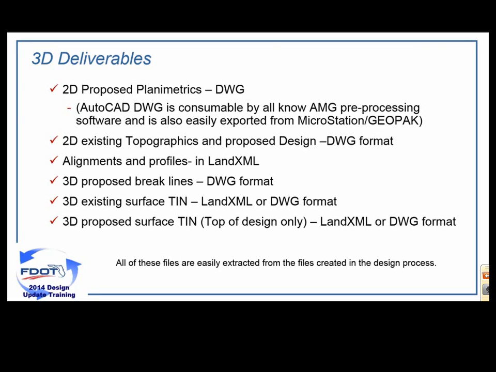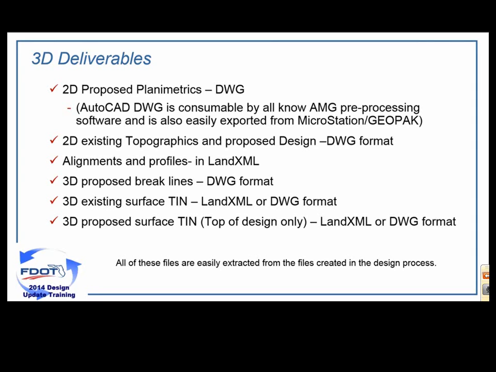And then finally, the 3D proposed TIN surface is going to be just the top of the design. We're not going to be providing the different subsurface layers that would be possible, because the construction equipment can easily plug in a difference.